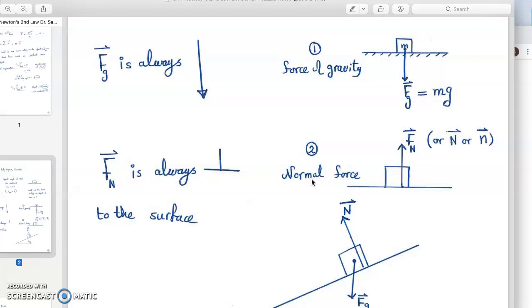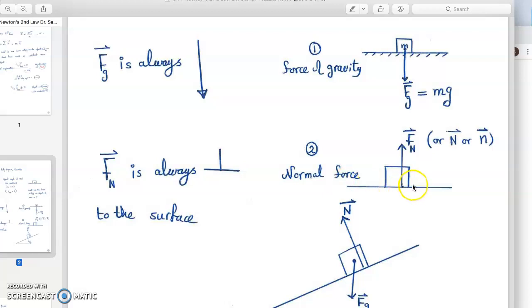The word normal means perpendicular. From a mathematics point of view, the normal to the surface is the perpendicular to the surface, which is at an angle of 90 degrees. Now, from the name normal force, this force is always perpendicular to what? To the surface.